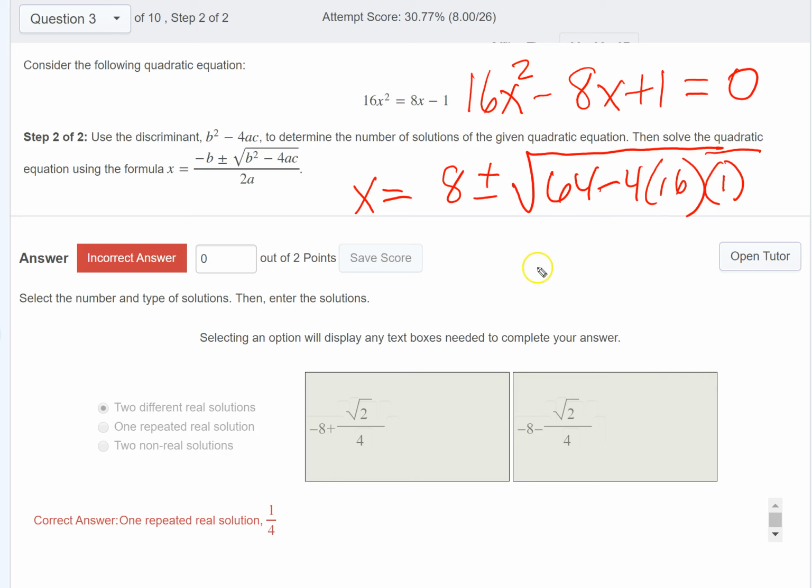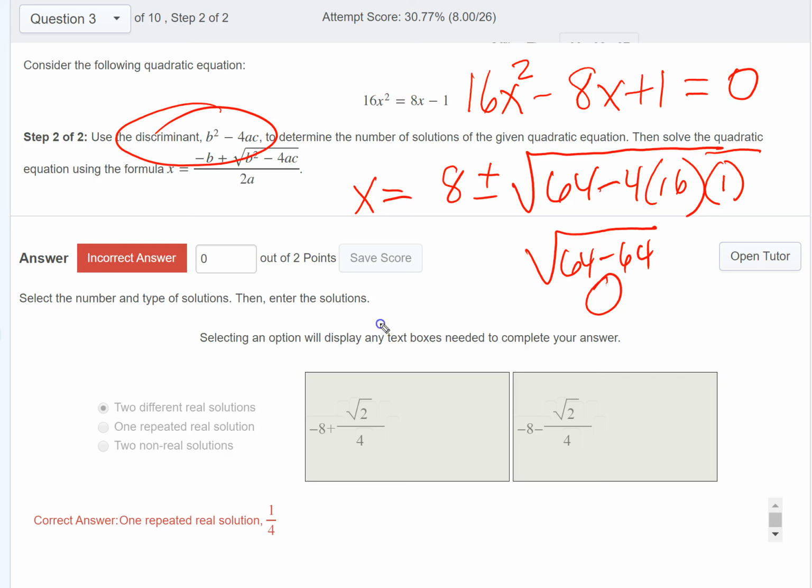Well, under the radical sign, it becomes 64 minus 64. So your discriminant here is going to end up being a 0. So we have then, as an answer, we're only going to get one real solution because this is 0.